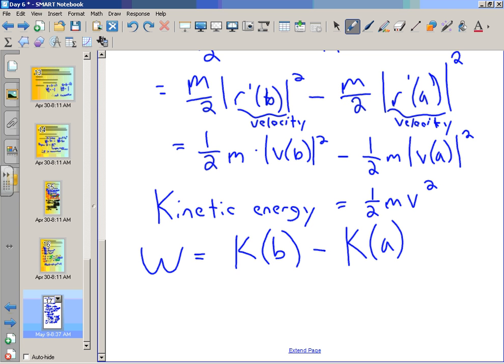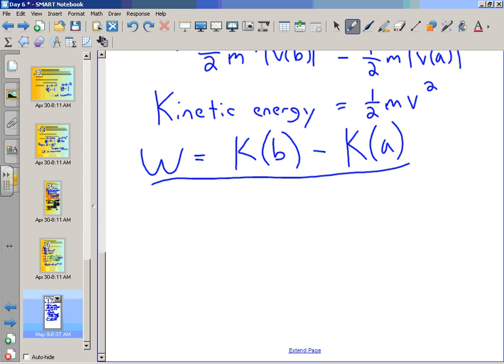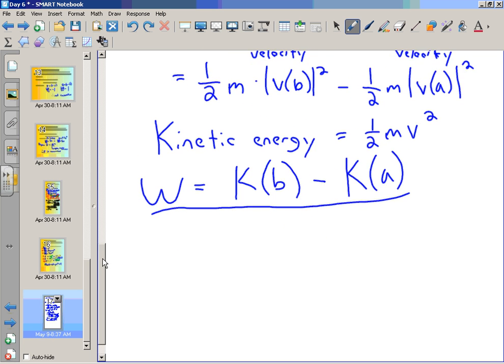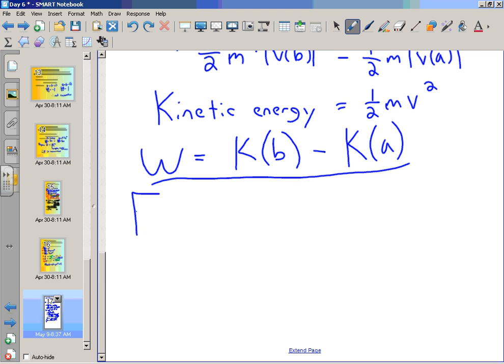Okay, so we have this equation right here, and then what I want to do is we also assumed that this was a conservative vector field. So we know we can write it as the gradient of some other function.